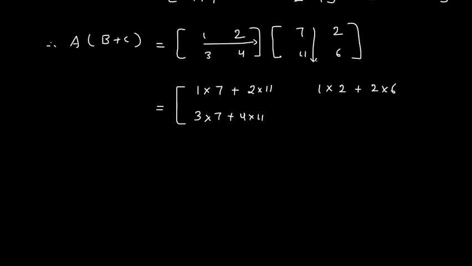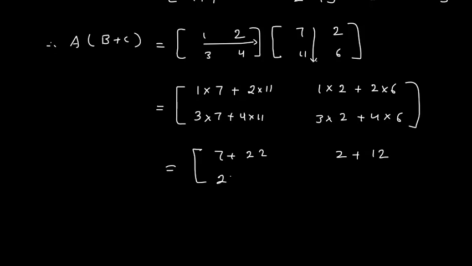Here it is 3 into 2 plus 4 into 6. So this is 7 plus 22. Here it is 2 plus 12. 3 7s are 21 plus 44, and here 6 plus 24.